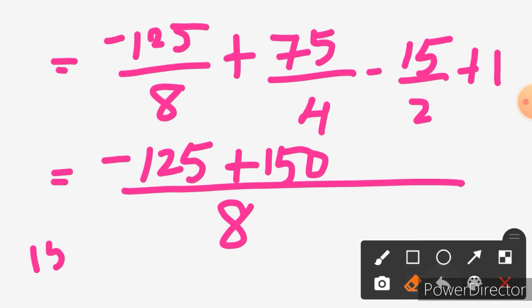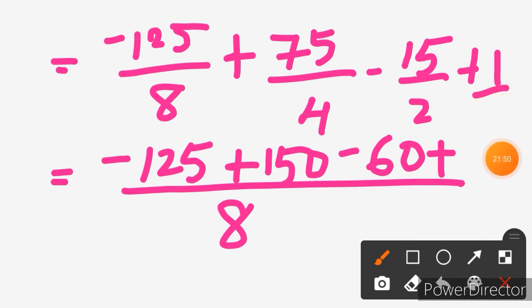So that is minus 60 plus 8 is the LCM. If you want the denominator as 8, you should multiply both numerator and denominator, so I'll take 8 here.